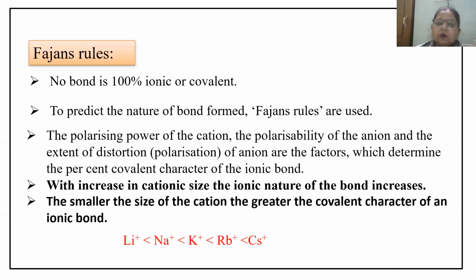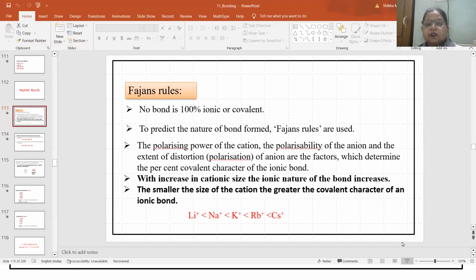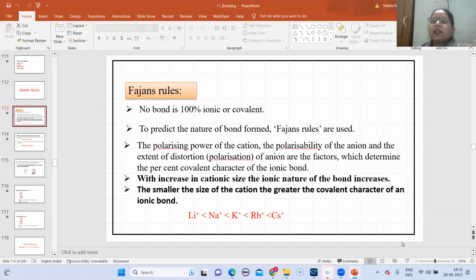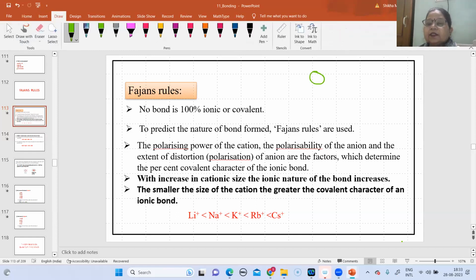So look at the third point on the slide carefully. The polarizing power of cation. What is the meaning of that? We have a cation cloud like this, and let's say we have an anion cloud like this. When this cation, which is positively charged, approaches the negatively charged anion, it starts moving in this direction, right?